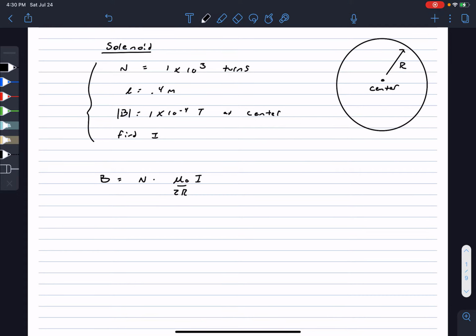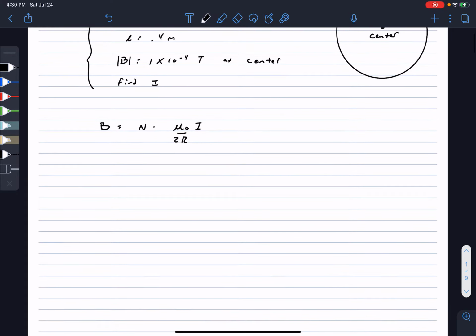We don't know what R is, so we might want to switch to something very similar, but written a little differently, where n is the number of turns per length. We don't know what the radius is, so it might be easier to use this version of the B field.